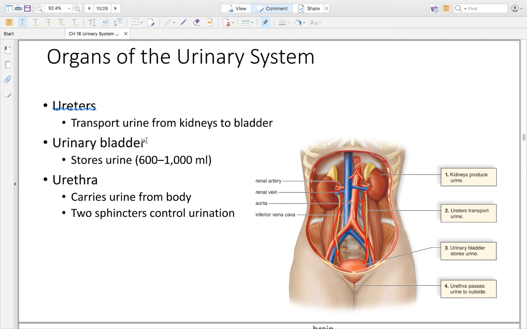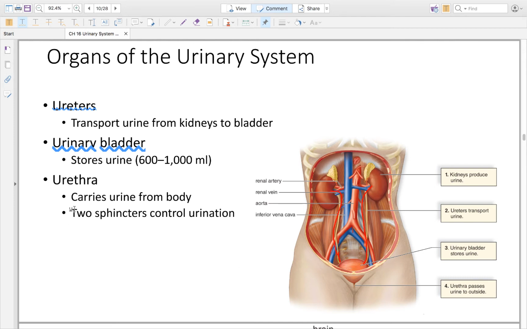Now the bladder is technically called the urinary bladder, and it can store anywhere from 600 to 1,000 mils of urine. Because this is a muscle, as it fills up with urine, it's going to trigger these receptors. They're called stretch receptors because the bladder will stretch a little bit, and then the nervous system gets involved.